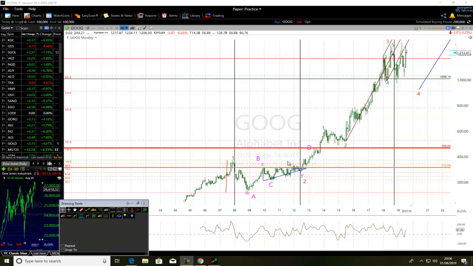So now, as you can see, the structure of the butterfly pattern is that this point here is what we call X, and this point is what we call A. That's the correction.